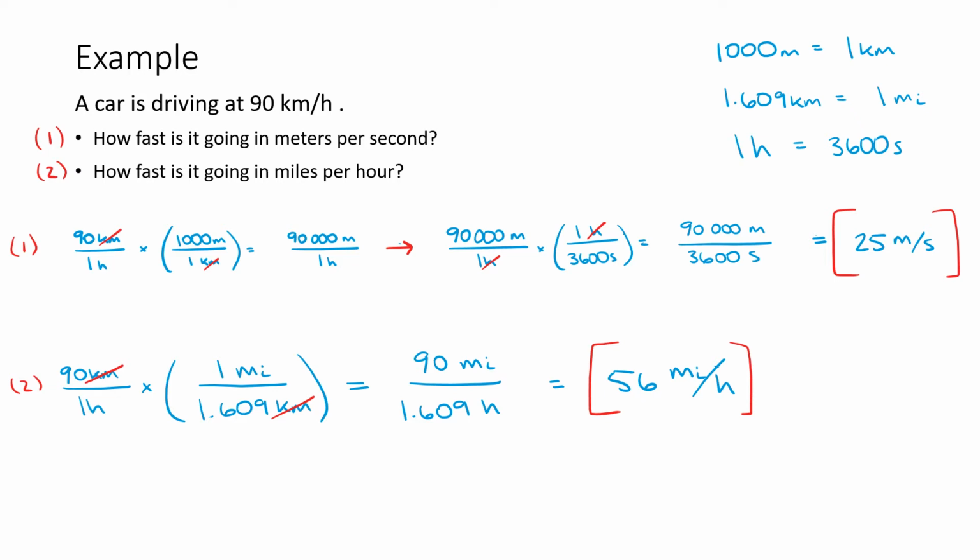So that is 90 kilometers in 1 hour. Those two ways I'm writing it are the exact same thing. Maybe that will make it a bit easier to make this unit conversion.